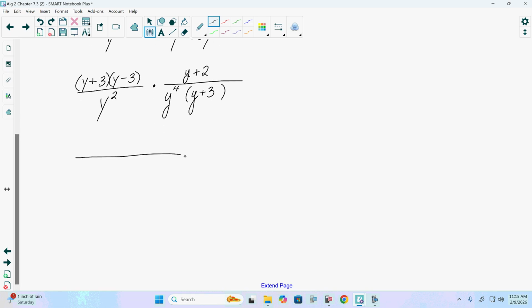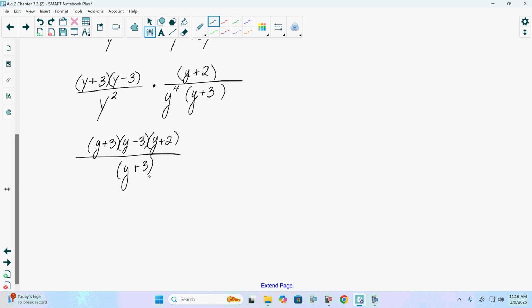Now at this point, we could rewrite it with a single line and simplify. We can multiply together. On top, it's just going to be y plus 3 times y minus 3 times y plus 2. On bottom, we will have the y plus 3. But we also have to multiply the y squared and y to the 4th.